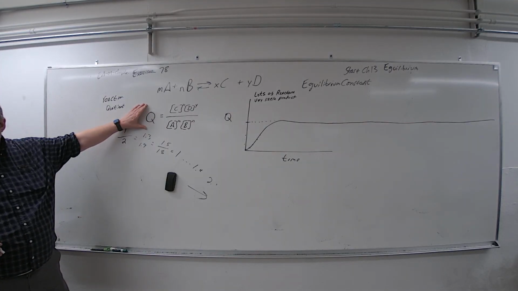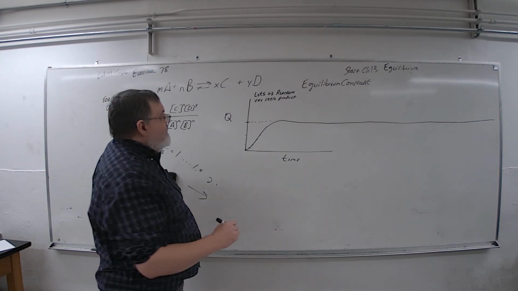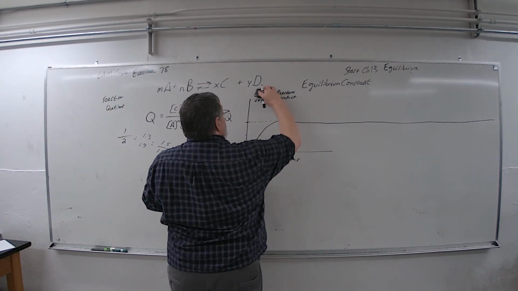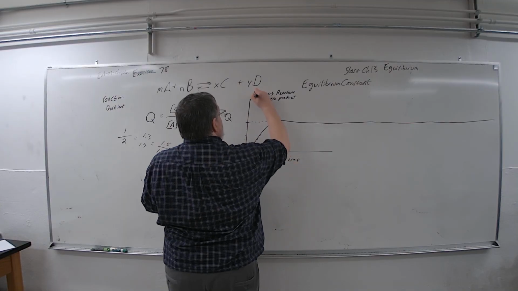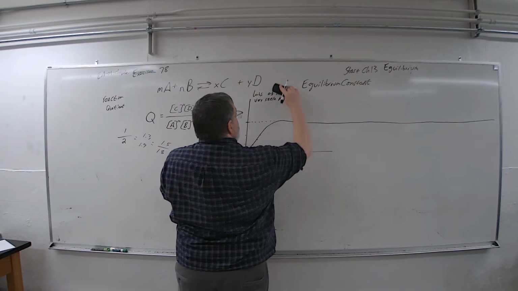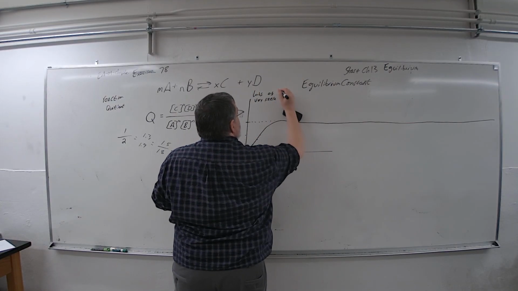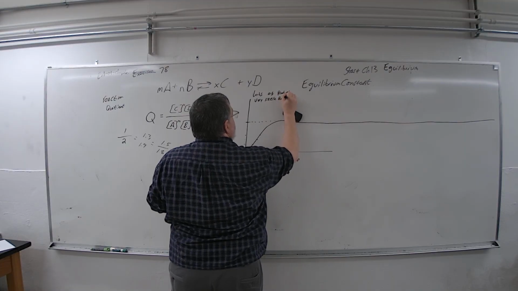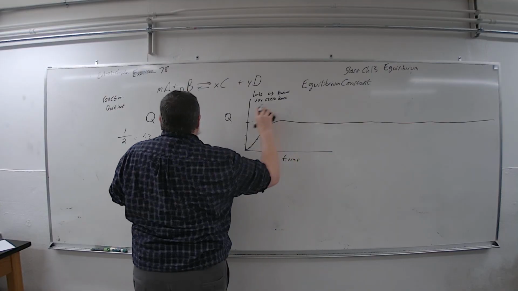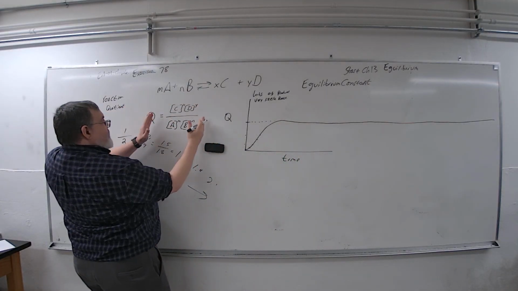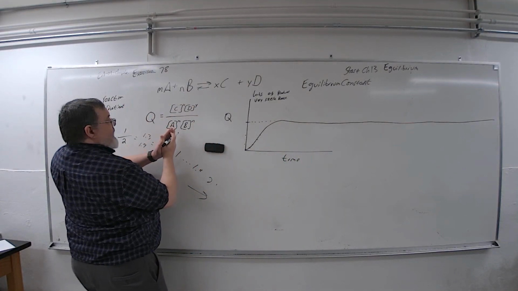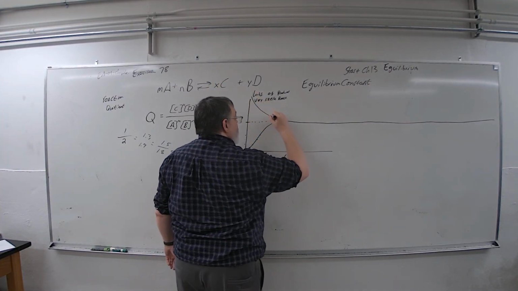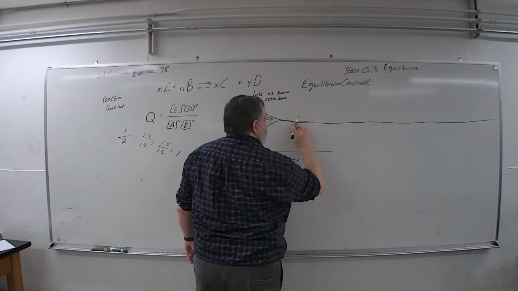You follow that? Same thing would happen if I started with this backwards: lots of product, very little reactant. Now I'm going to be some huge number, but this will still happen. It's still going to go and reach that straight line.